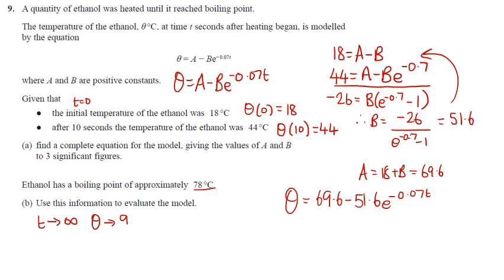So the temperature will tend towards 69.6. Okay, so in other words, the maximum temperature this can reach is 69.6, not 78. So it doesn't model the boiling of ethanol.